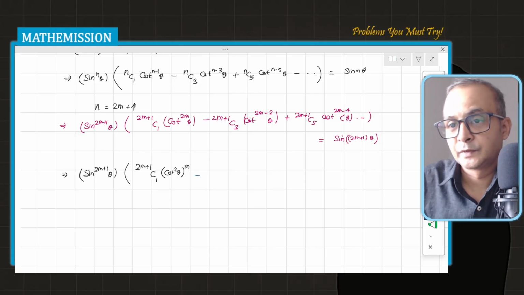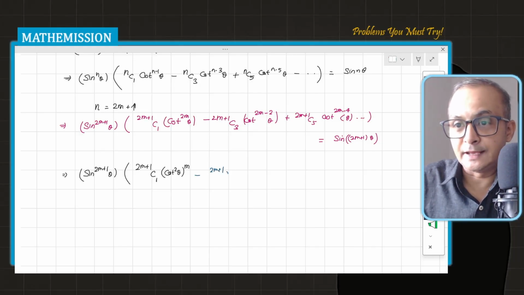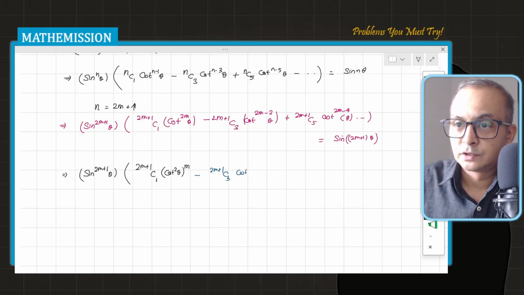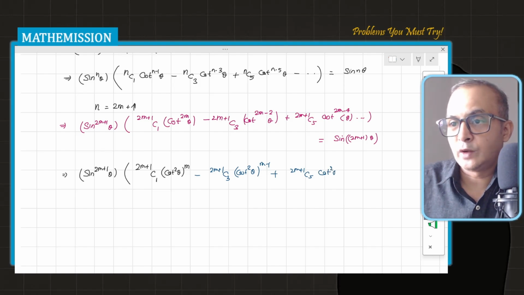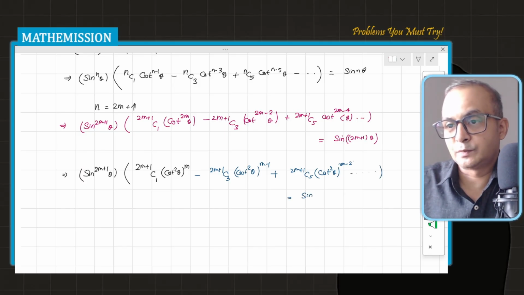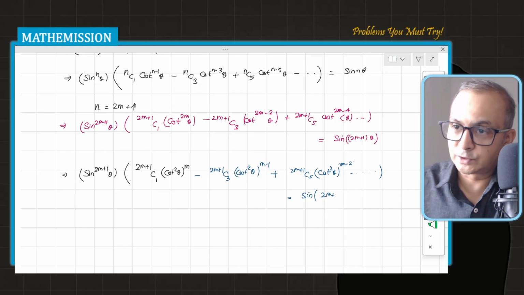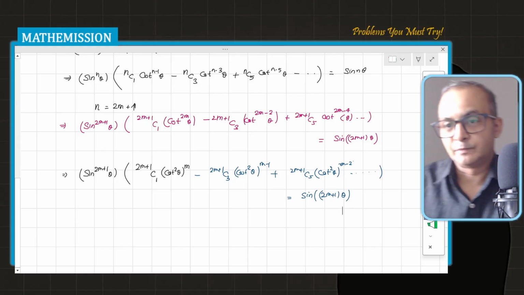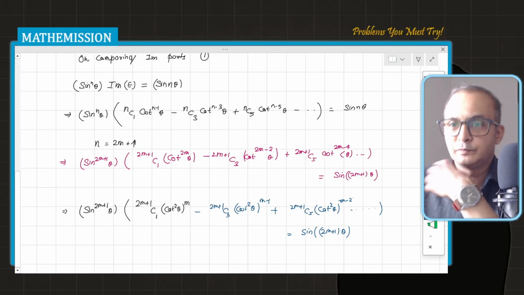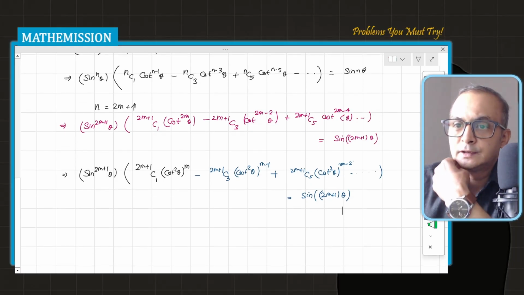The next term I can write 2m plus 1 c3 cot square theta to the power m minus 1, and 2m plus 1 c5 cot square theta to the power m minus 2. I think you understood the story. And this is sine 2m plus 1 theta. So we actually made the cot square theta appear here.